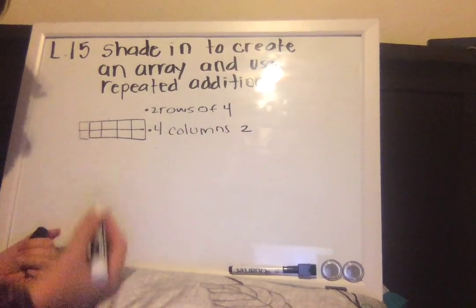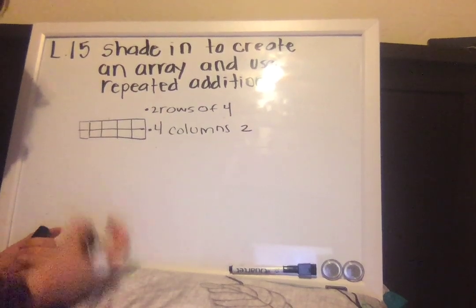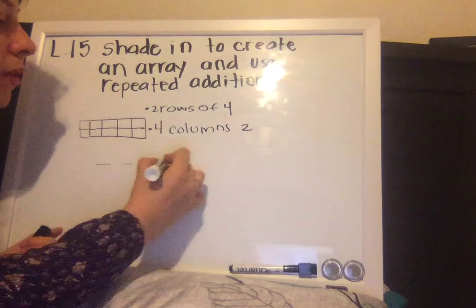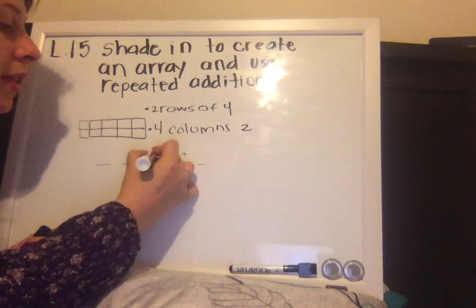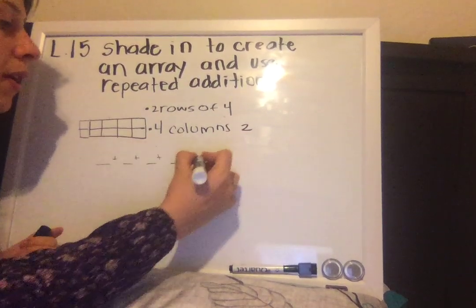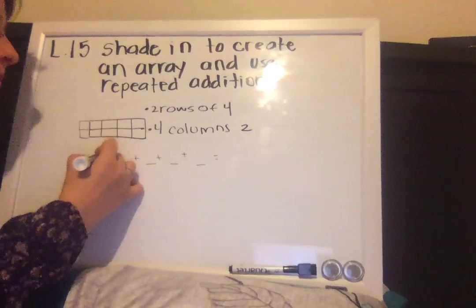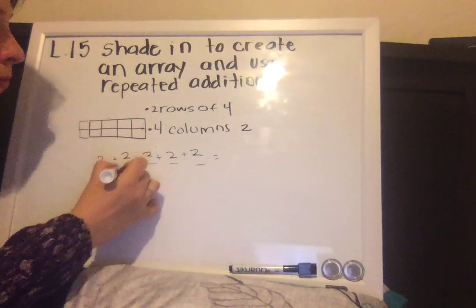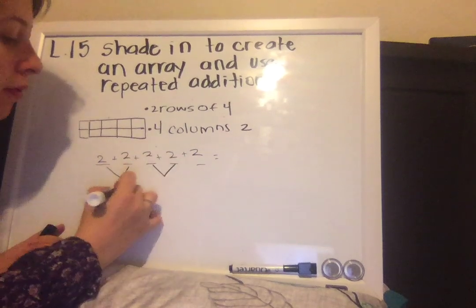So for this one, now it's going to be 1, 2, 3, 4, 5. I'm adding these, and each one of them has 2. 2 plus 2 is 4.